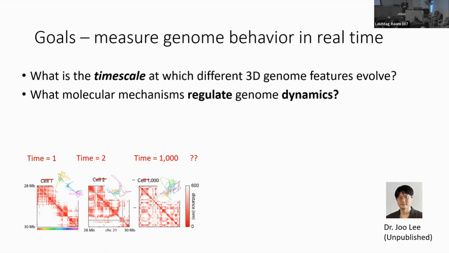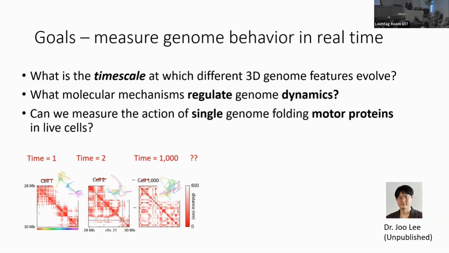Some dynamical processes will have signatures in the static data, and we've been trying to measure that, but we'd like to get a better handle on those that actually regulate the speed at which these events interconvert and not just the structures that arise. And finally, to what extent can we measure the action of these proteins, some of these candidate molecular motors, for example, in individual live cells.